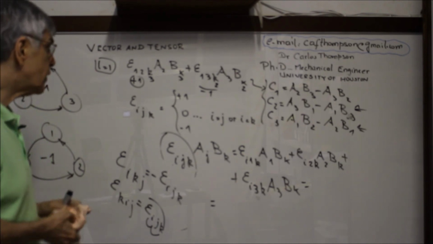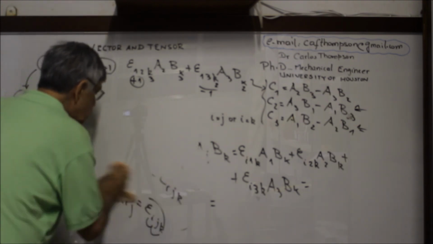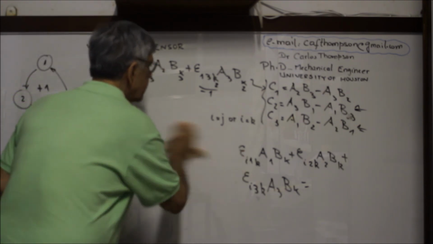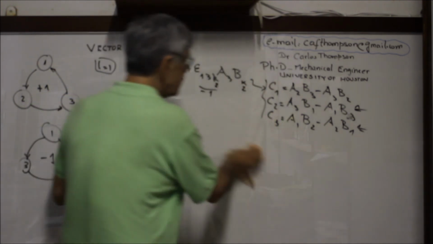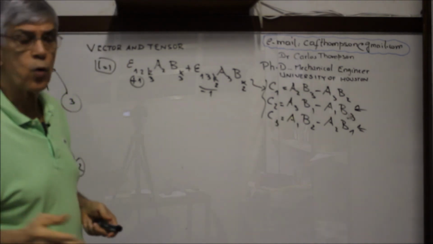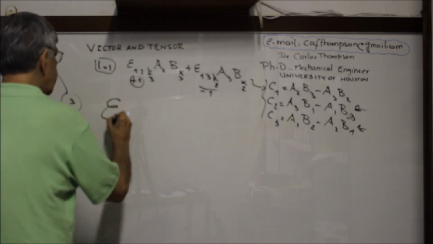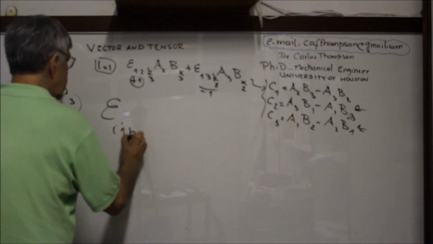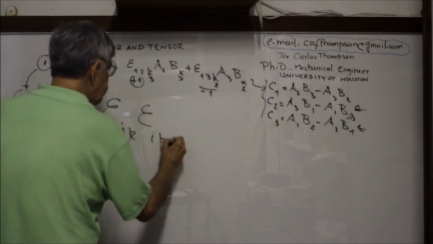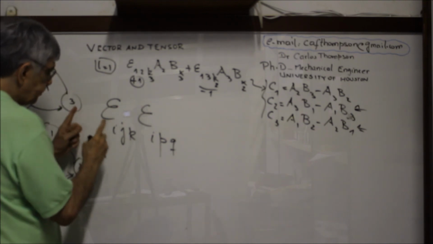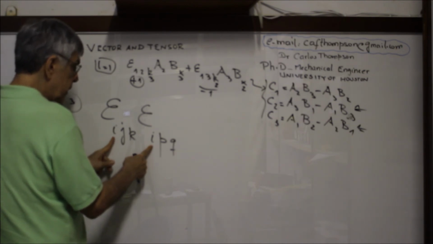And another very important property, this you should memorize. You can check the videos and books, they say they are equal, but I say this identity. Look, epsilon IJK, epsilon, the same here, I, P, Q. You see, I here is dummy.